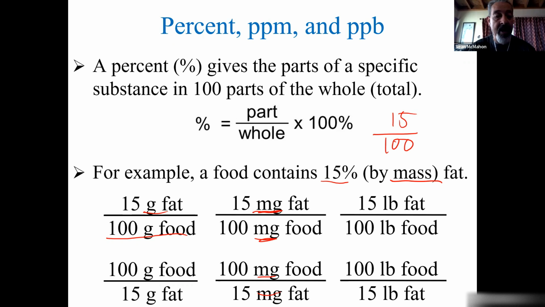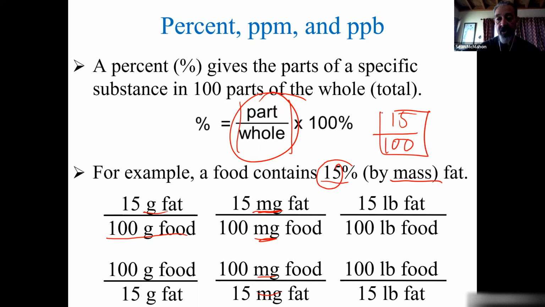I can even do it for pounds if I want. Okay. So whenever I deal with percents, I should think of them as part over whole in a ratio. So 15% is just 15 over 100, right? Just like 25%, if you wanted to make it a ratio, is 25 over 100.